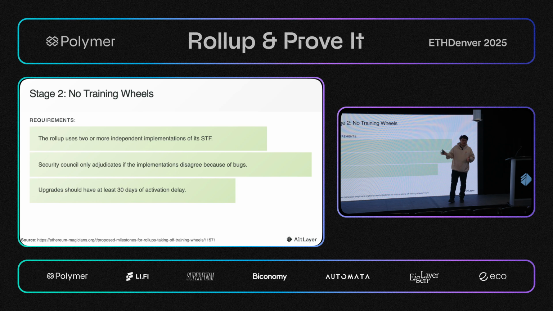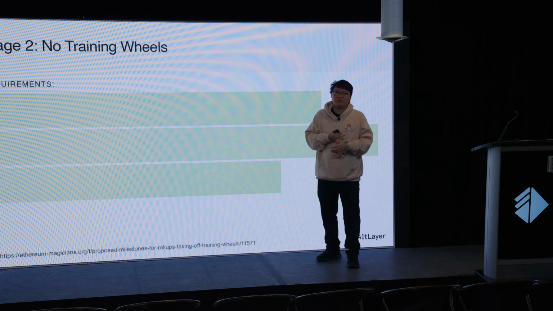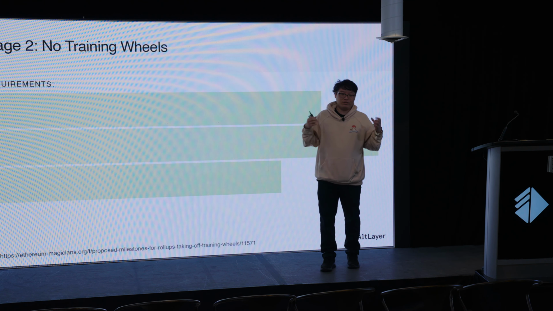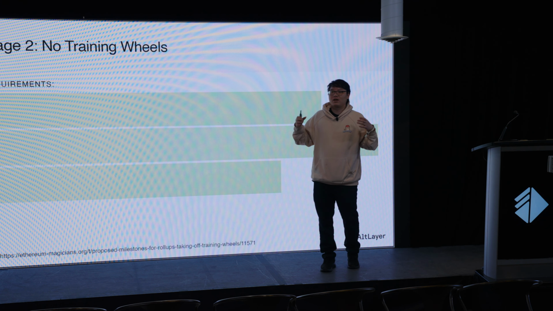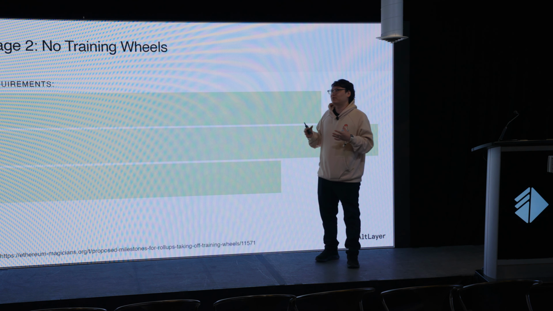Then stage 2 is relatively more complex than stage 1, but the point is still about the number of proof systems. Compared to stage 1, which has only one proof system, for stage 2 we will have multiple ones. We can have a fraud proof system, we can also have a ZK proof system, or, as I can show you later, a ZK fraud proof system, or we can also have a TEE proof system.